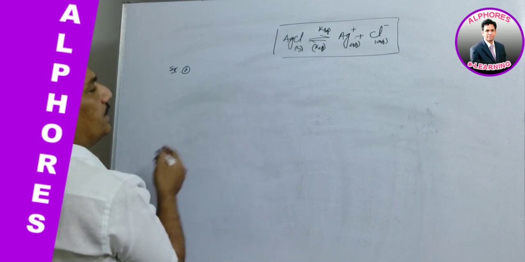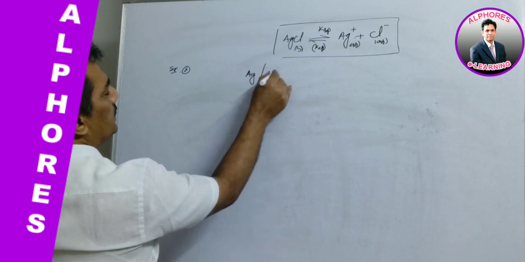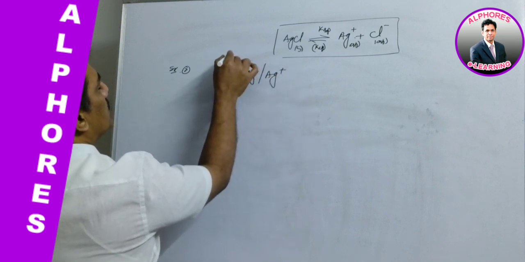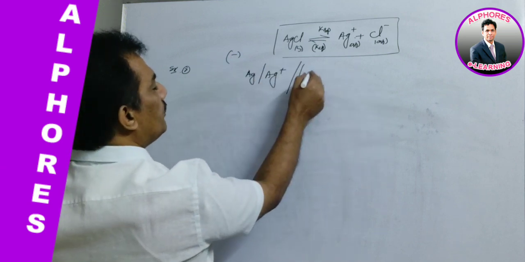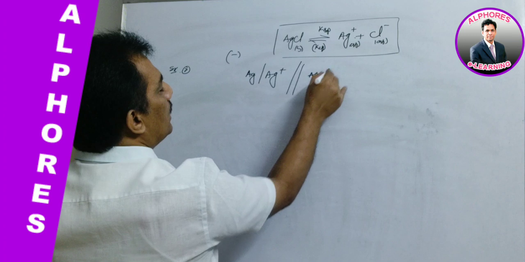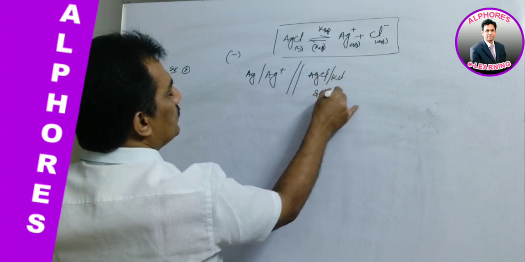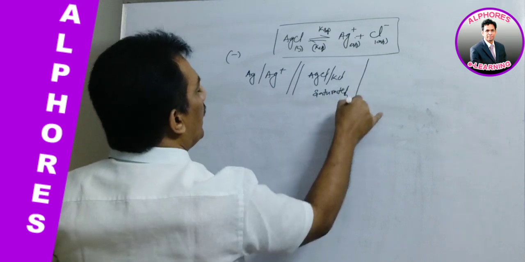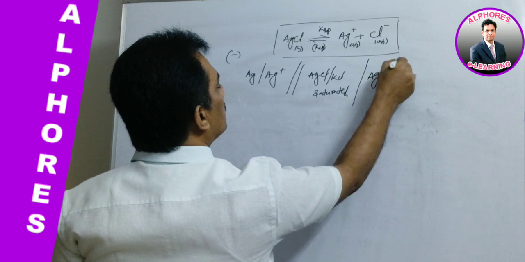Now let us construct a cell like this. Ag with Ag plus, it is the anode, is in connection with AgCl, KCl saturated solution, and Ag, this is the cathode.